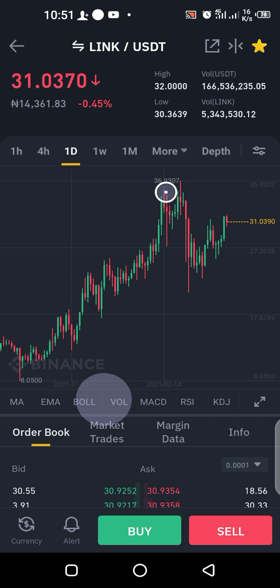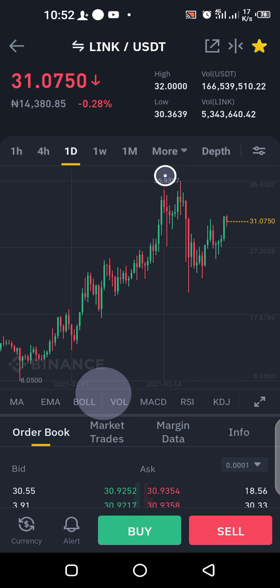So, assuming the trend is organic, by organic I mean if there's nothing so serious fundamentally affecting the market, either positively or negatively. Positively in the sense of a bullish trend, and negatively in the sense of a bearish trend.